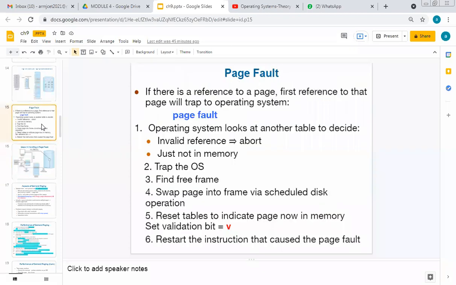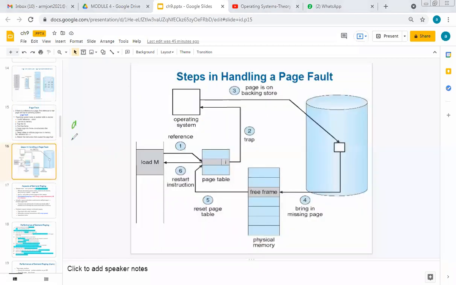Now you see, yesterday I tried to give you some idea, so here I will draw. You have process A and process B. Process A wants page numbers 10, 11, 12. Process B wants 17, 18, and 19.